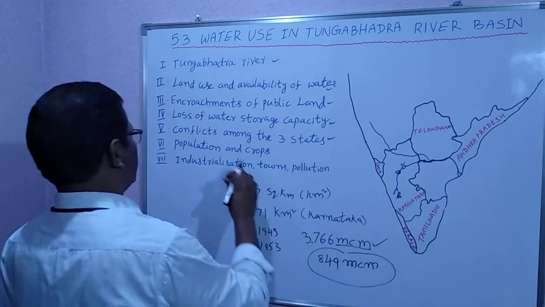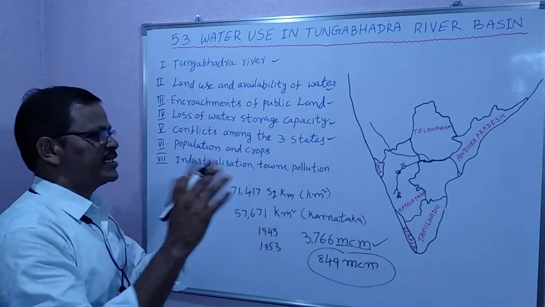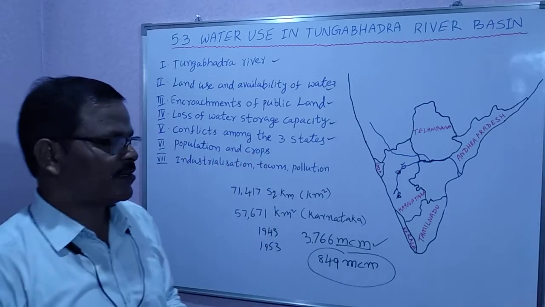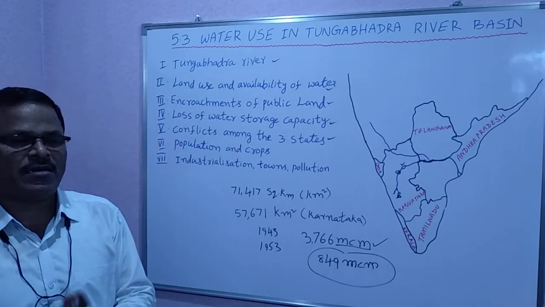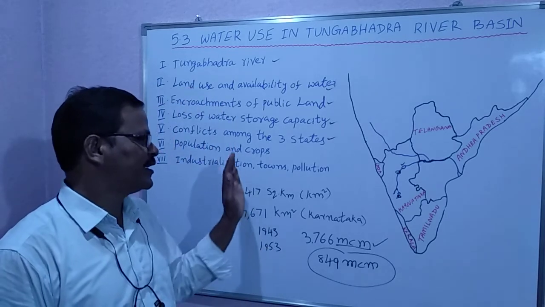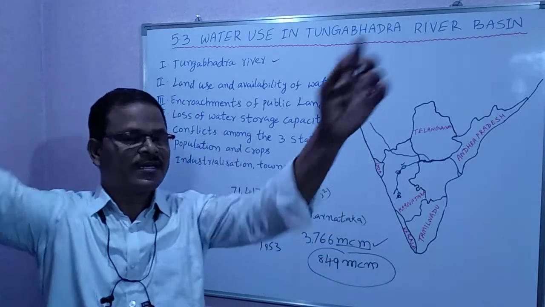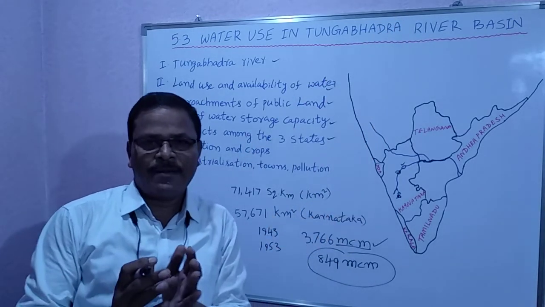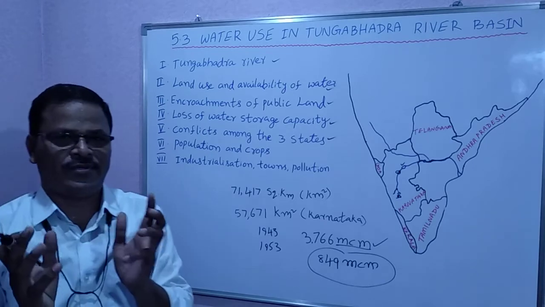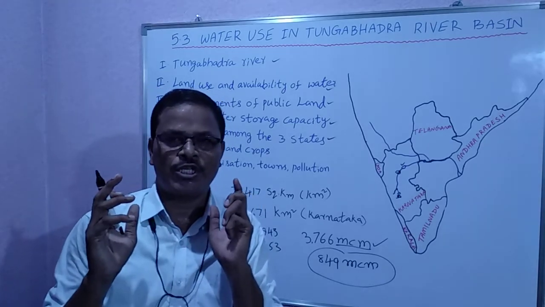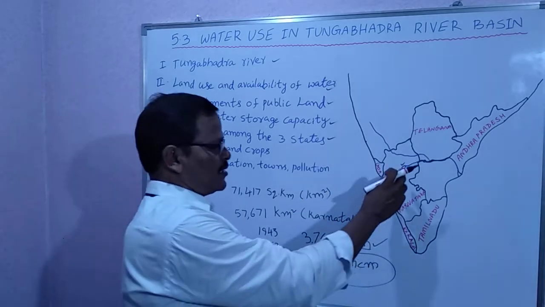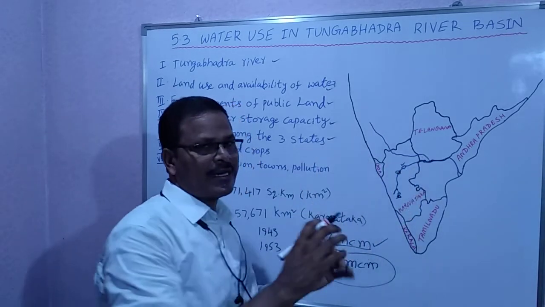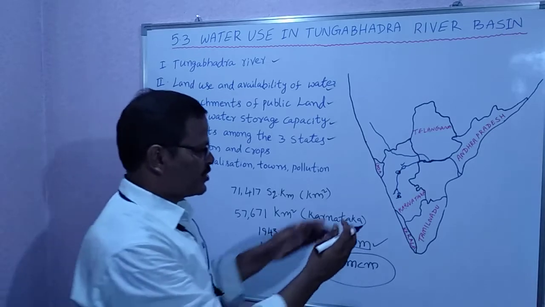And the next point is conflicts among the three states. Conflicts means quarrels, controversies among these three states. What is a useful source in this area? This area is under the rain shadow area of the southwest monsoons.